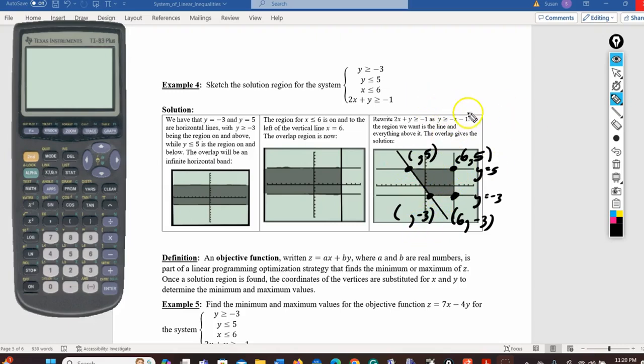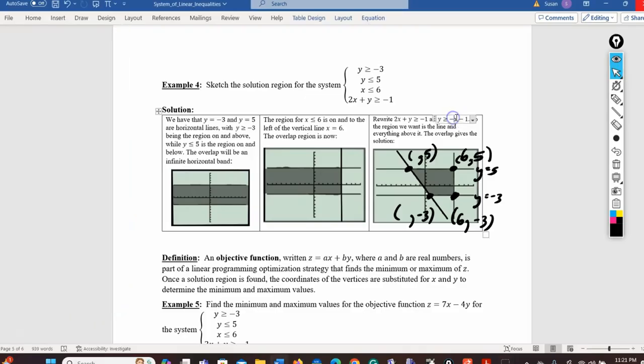So this one, that should be a -2x. So I subtract 2x from both sides.